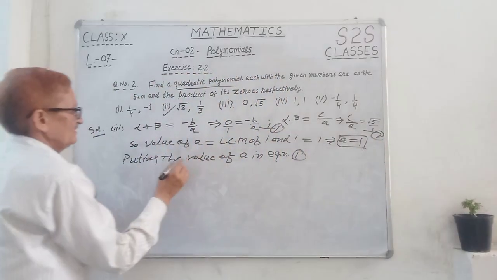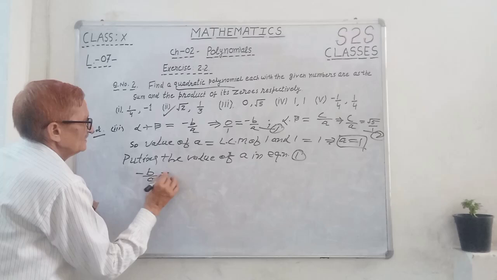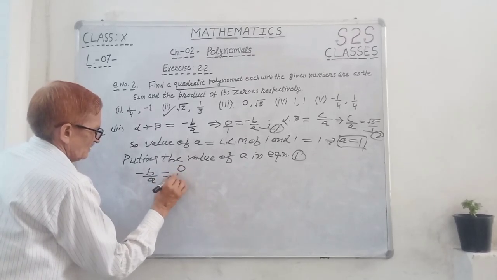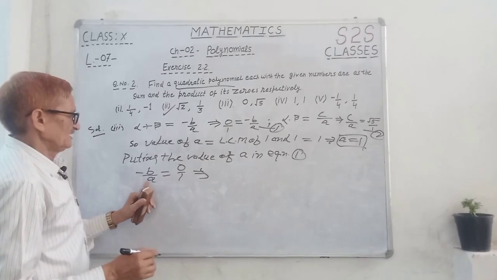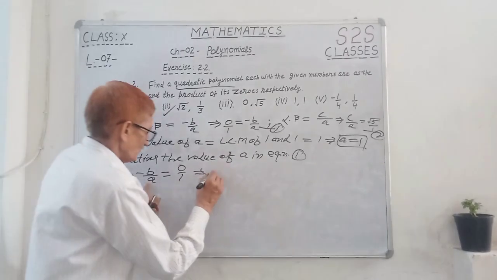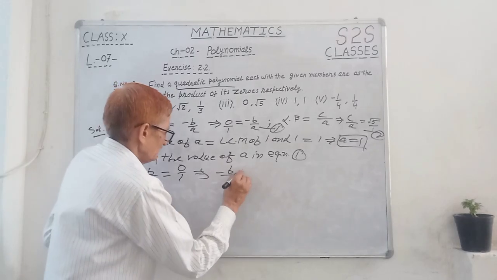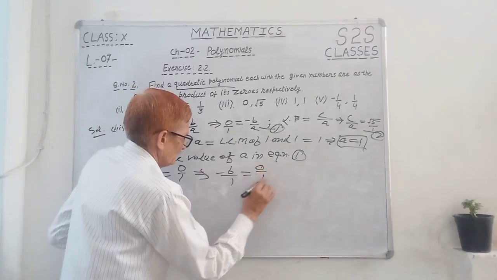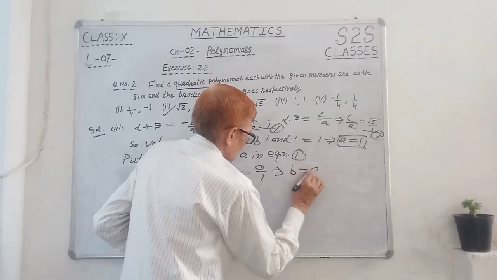So in equation 1, minus b upon a is equal to 0 upon 1. So putting a value, a is 1. So minus b upon 1 is equal to 0 upon 1. This implies b is equal to 0.